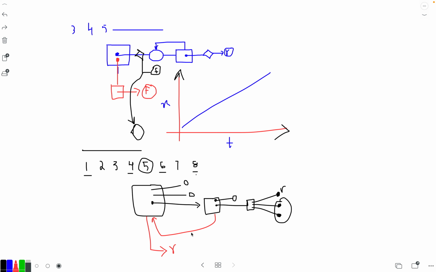Just keep thinking about it. Because we reduced it by almost half, the complexity will be order of log of n, right? You have probably seen the calculation in your algorithm courses.